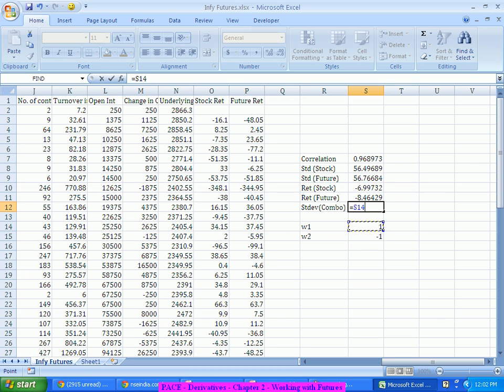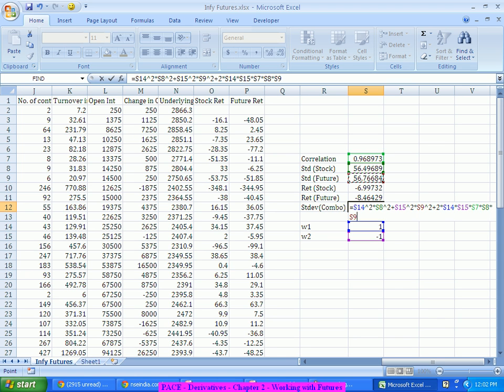W1 squared into sigma 1 squared, sigma 1 is the stock, plus W2 squared into sigma 2 squared, plus 2 into W1 into W2 into correlation into sigma 1 into sigma 2.